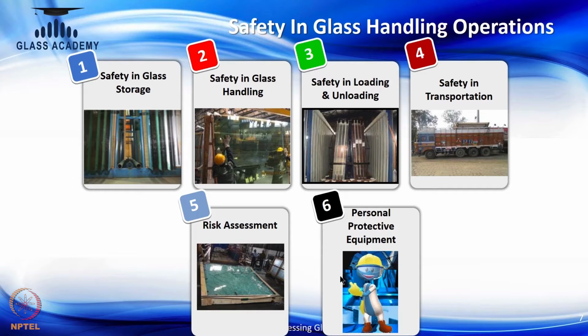But in glass handling, what is very important is to select and make people wear the minimum, or what is mandated, adequate personal protective equipment. As a last line of defense, it should protect, or else reduce the level or gravity of the injury for the people who are handling the glass.